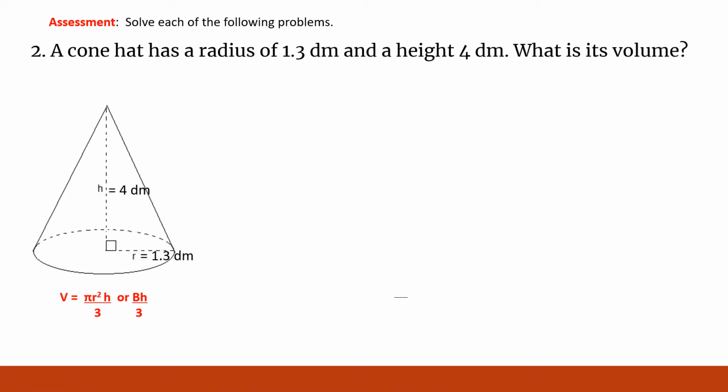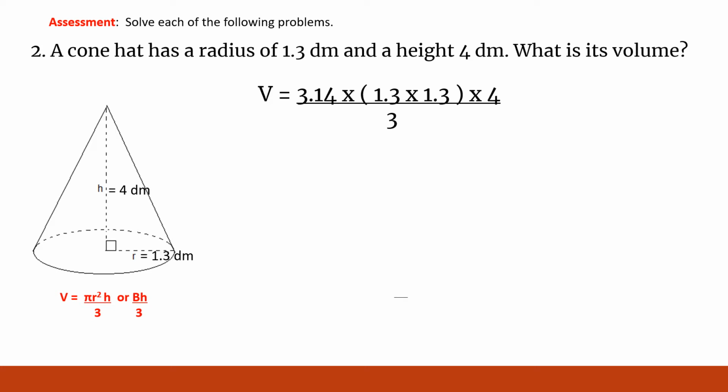So, the answer on this problem is 2 cubic meters. Number 2, a cone hat has a radius of 1.3 decimeters and a height of 4 decimeters. What is its volume? Since ang given natin ay cone, then we will be using V equals pi r squared h over 3 formula, or base times height divided by 3. So we have now V equals 3.14.